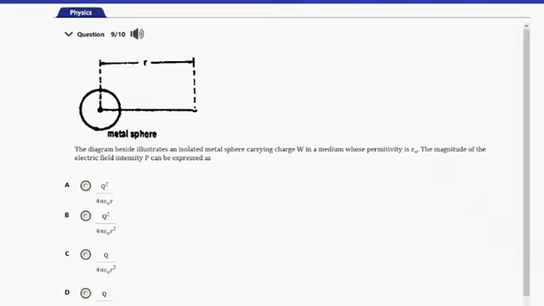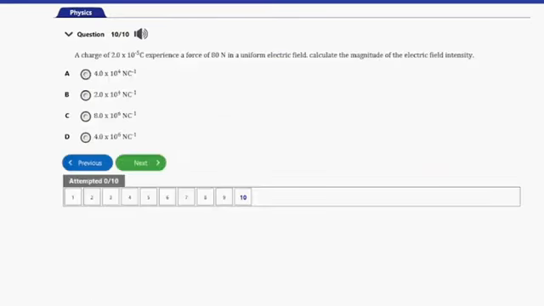The magnitude of the electric field intensity P can be expressed as A, Q square over 4 pi E naught R, B, Q square over 4 pi E naught R squared, C, Q over 4 pi E naught R squared, D, Q over 4 pi E naught R. So guys, the answer to this question here is option C, Q over 4 pi E naught R squared. So let's go ahead and consider the next and last question here, guys. That's question number 10 here.